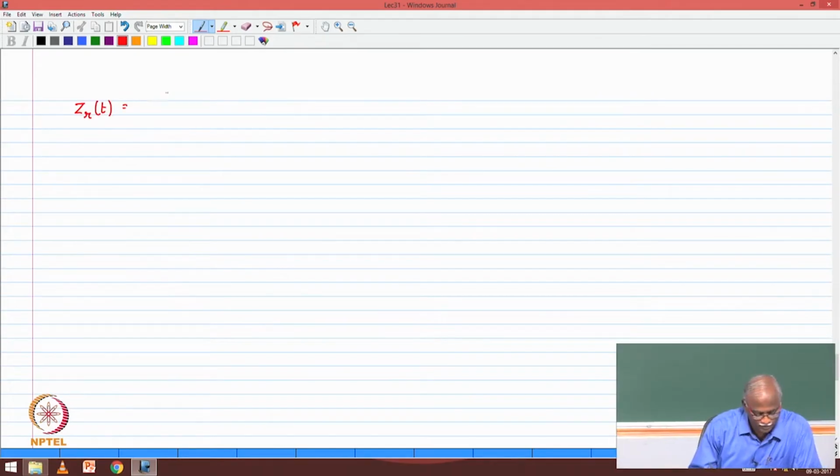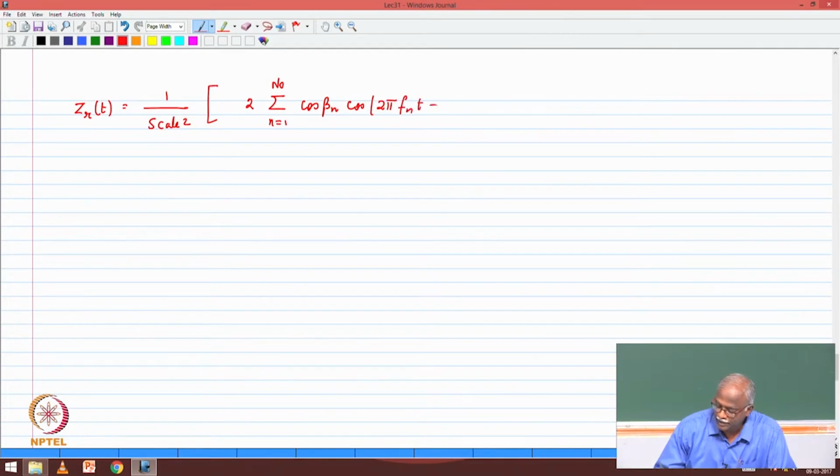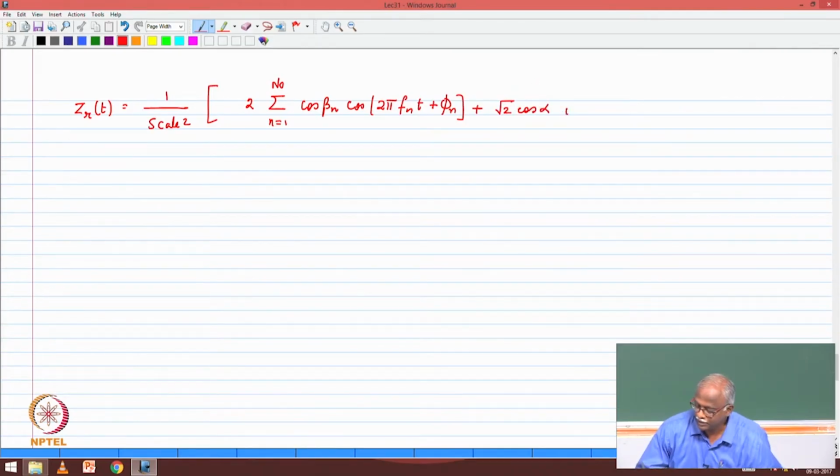ZR of t is 1 by scale 2, times the sum over n is equal to 1 through n0 of the multiplication terms cosine beta n times cosine of 2 pi fn t plus phi n, where the phi n are the random phases, plus the multiplicative factor for the last term, root 2 cosine alpha cosine 2 pi fd t.